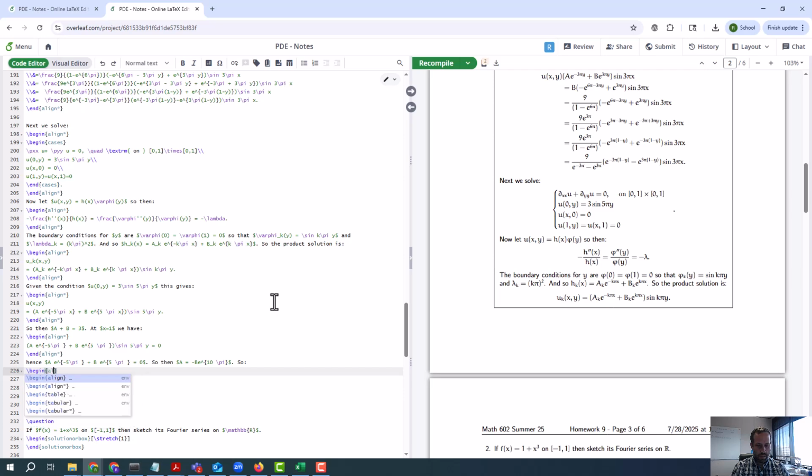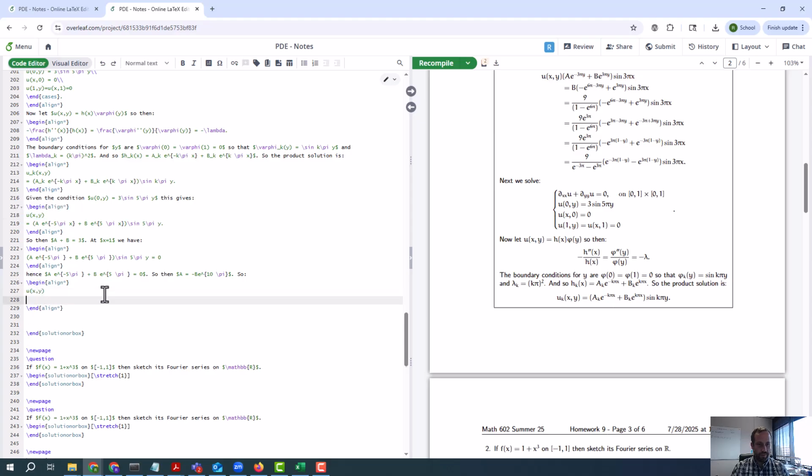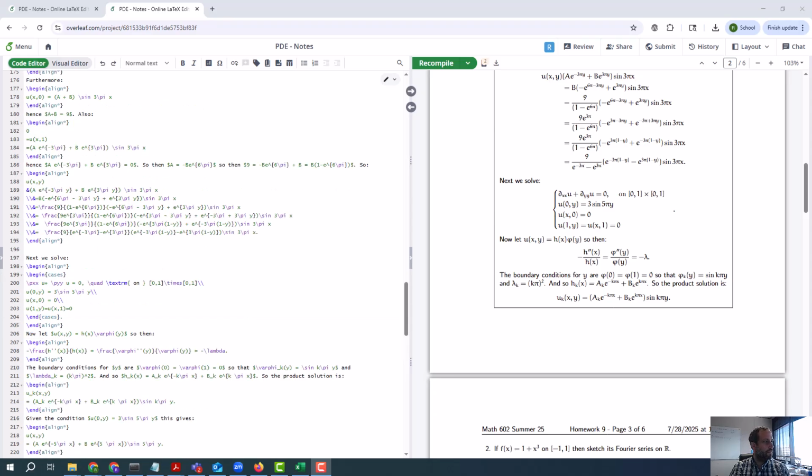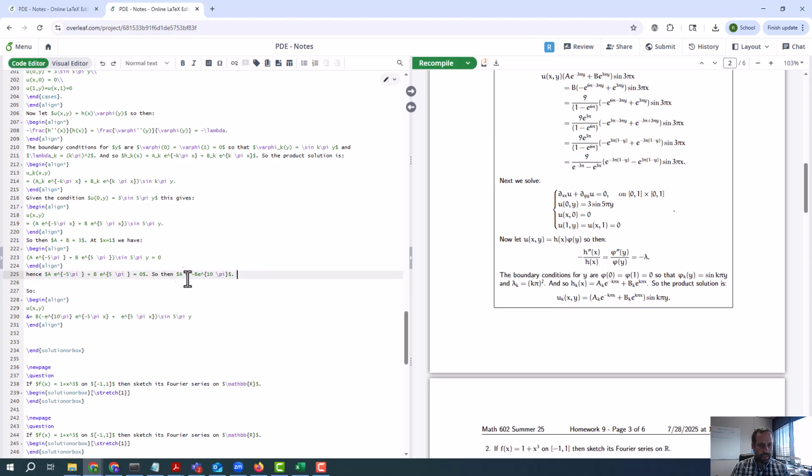Let's just go through it. It's going to be very similar to what I did for the previous problem. We'll start off just by saying it's equal to this. Now I know a is equal to minus b e to the 10 pi, so there's a b in each term. So this is minus e to the 10 pi, and then I'm going to factor out the b here. Similar to what I have above, a is equal to that.